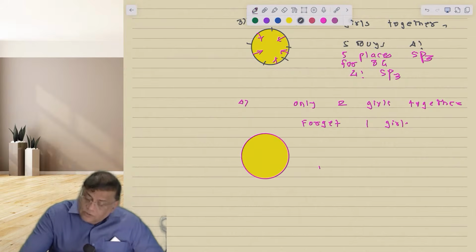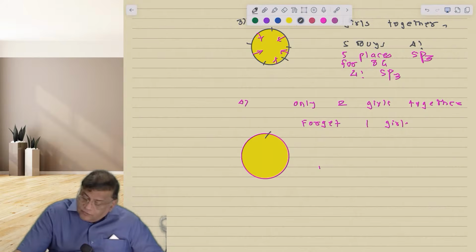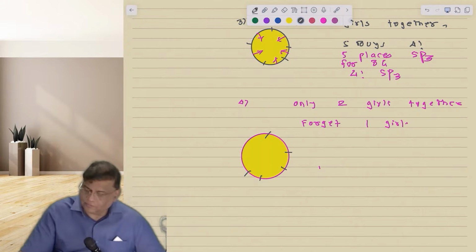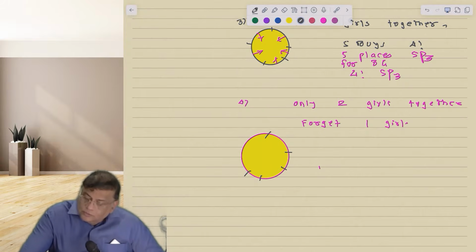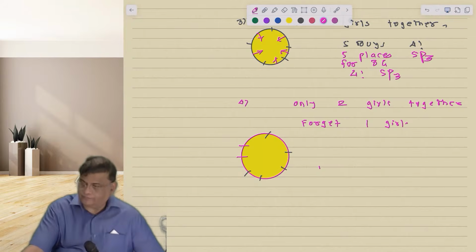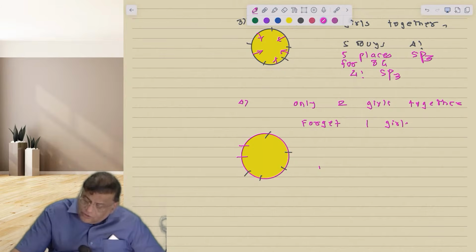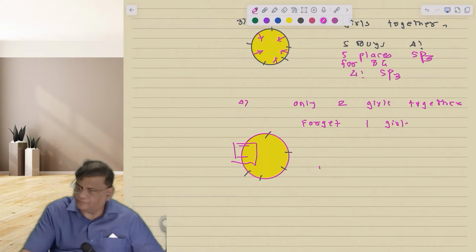You are going to arrange 5 black boys, 2 pink girls, and because these 2 girls are together, we enclose them in a big box.